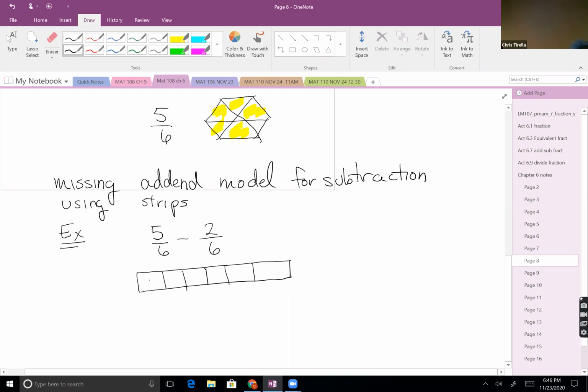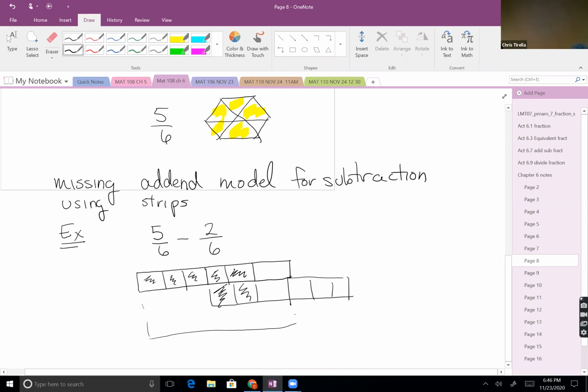and this would be my 5/6. And then if I want to take away 2/6, I would put another strip here. And take away 2/6.